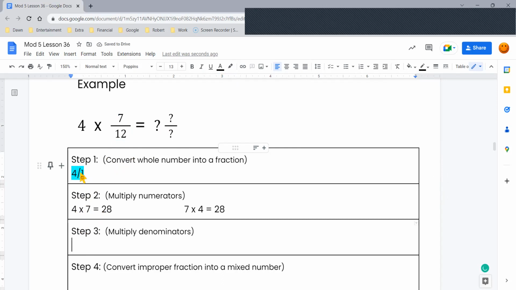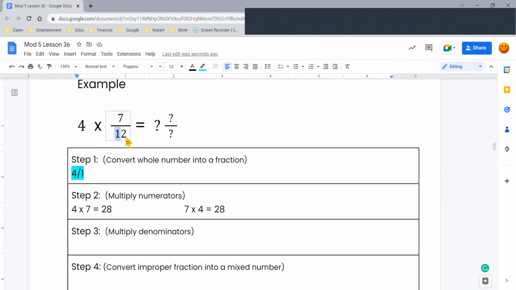So right here, I'm going to look at my denominators, which are, remember, those are the bottom numbers, 1 times 12. Or another way you could do it is 12 times 1.